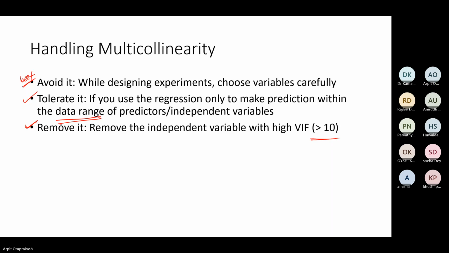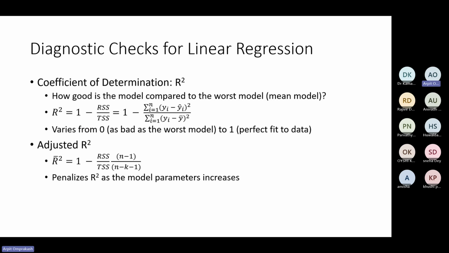Okay, great. So next we talked about some diagnostic checks that you can do for linear regression to see if your regression is good enough or you need to do it again, or if you can depend on the values of the coefficients that you have. For that, what we check is called the coefficient of determination, or the R square.